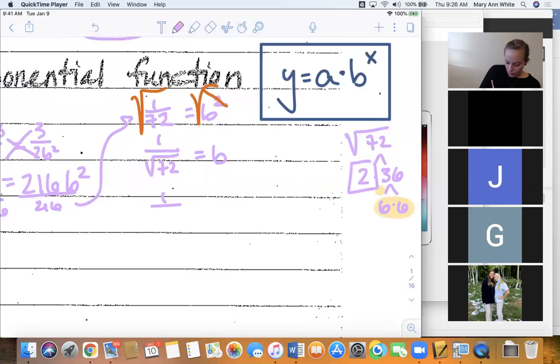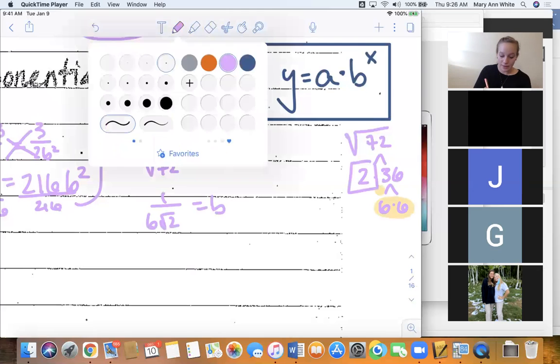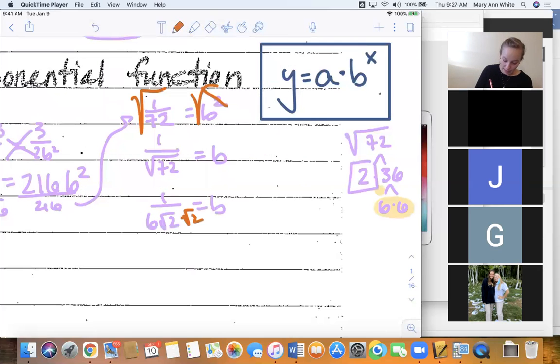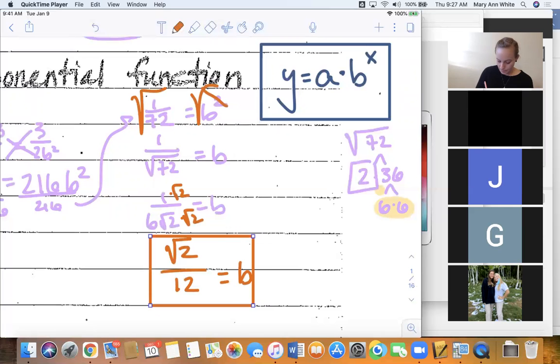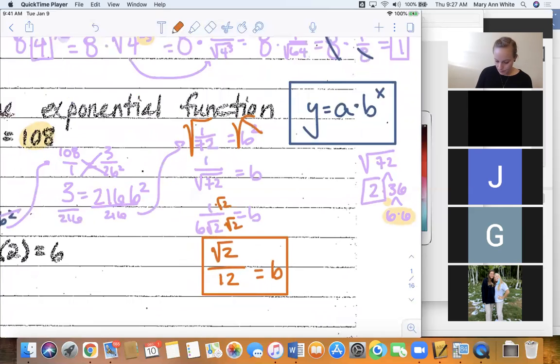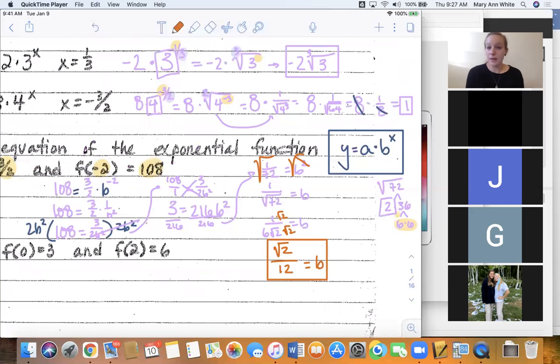So this gives me 1 over 6 root 2. But I still have a root 2 on the denominator, so we need to multiply by that on top and bottom. So I've got root 2 over 6 times root 2, which becomes 6 times 2, which is 12. Again, there were a lot of steps there, but a lot of that was algebra, stuff that we've done before.